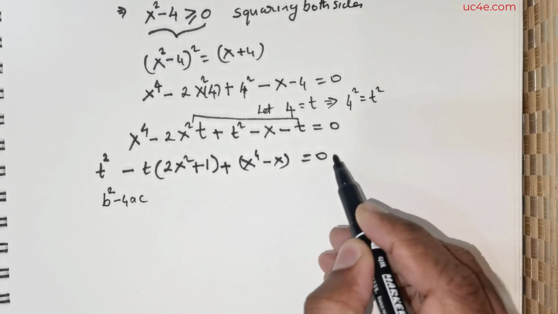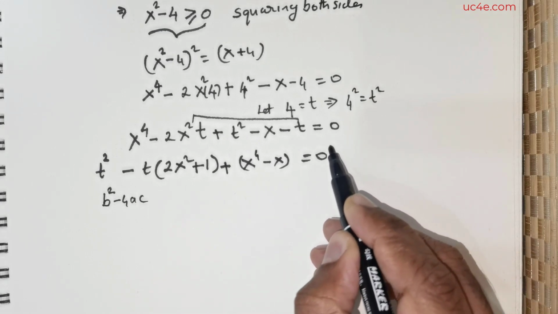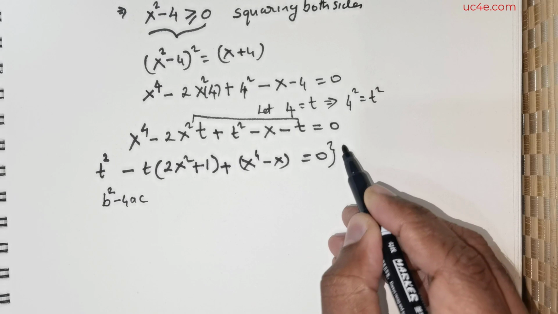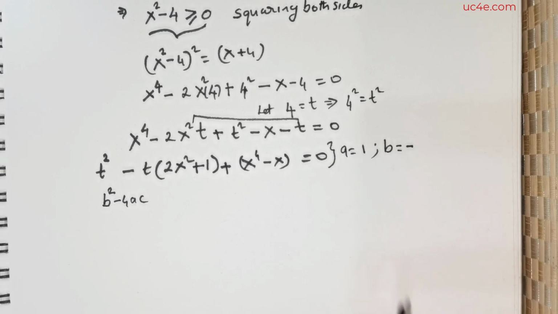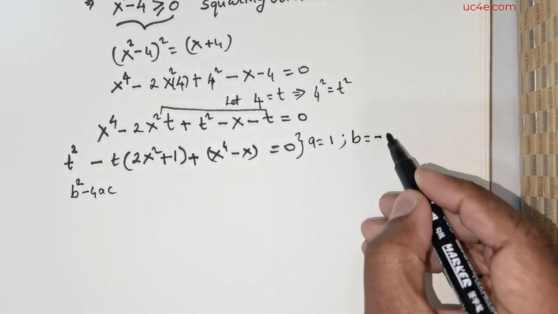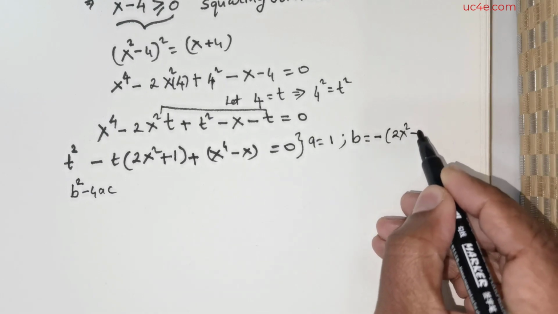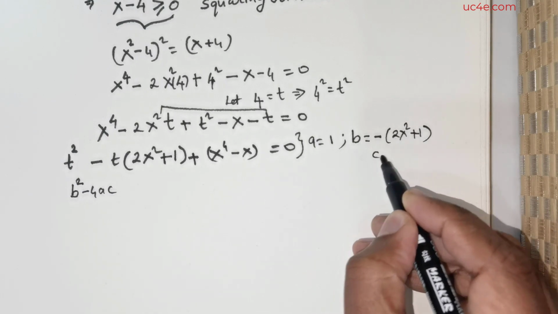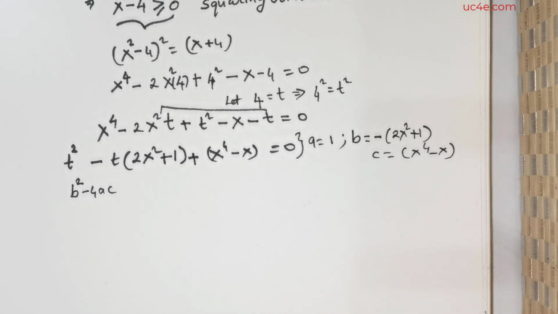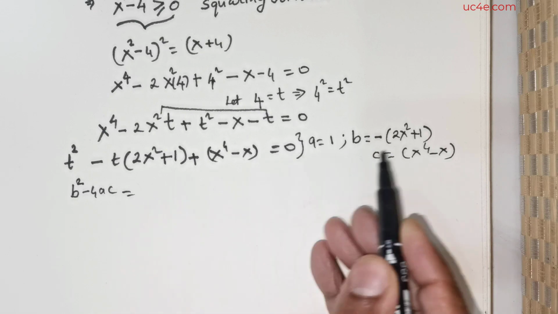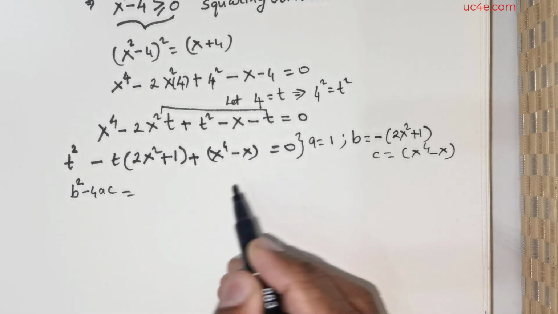From this system, a is going to be 1, my b is going to be negative of 2 times x squared plus 1, and my c is going to be x to the power of 4 minus x.